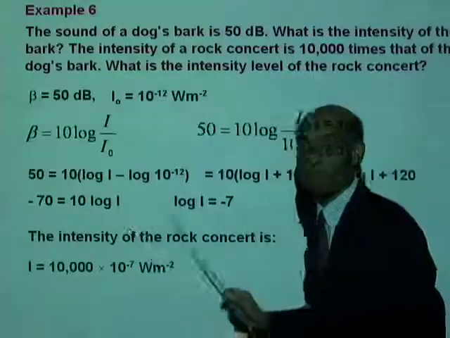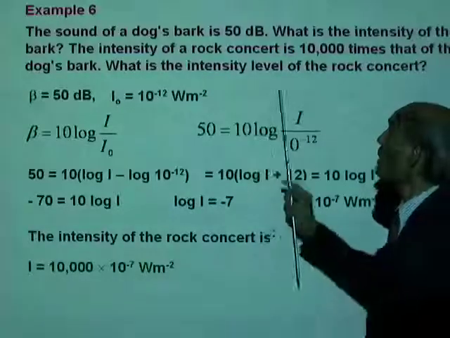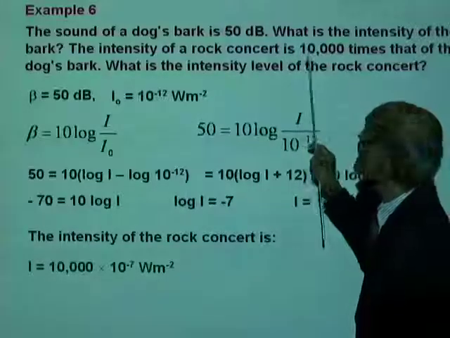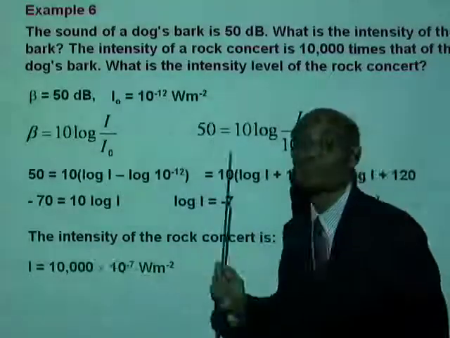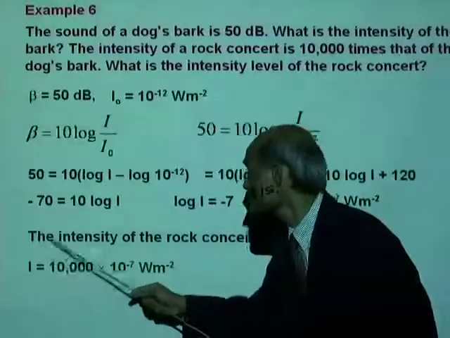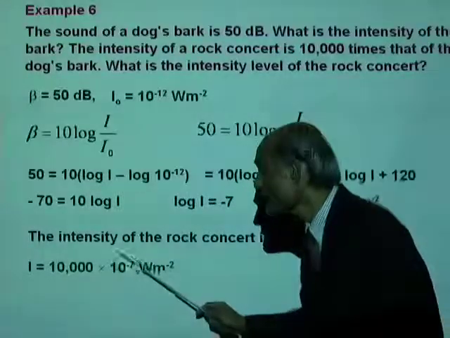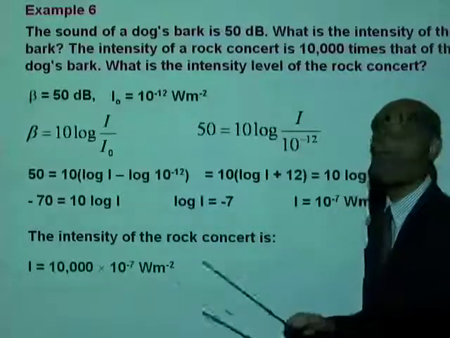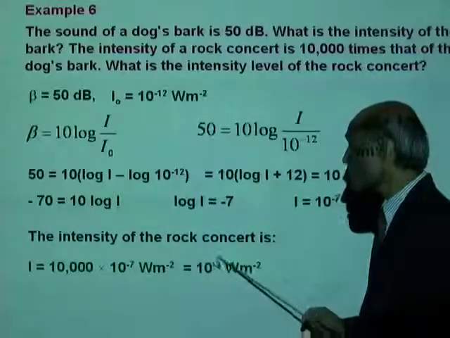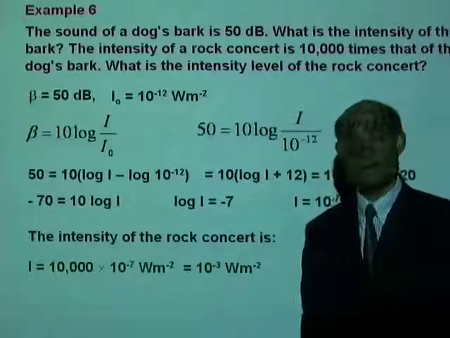And now, if this is the intensity of the barking of the dog, what is the intensity of the rock concert? It is 10,000 times the intensity of the dog's bark. So the intensity of the rock concert is 10,000 times 10 to the power of negative 7. What is that equal to? That will be 10 to the power of negative 3 watt per meter square.